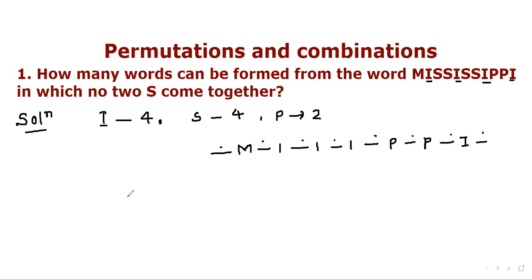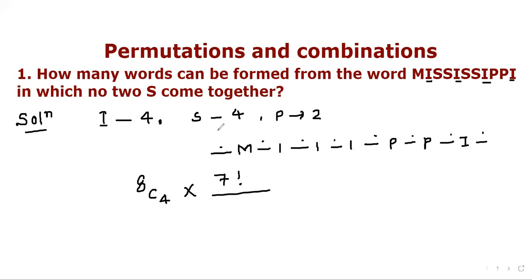And there are 4 S's. So these 4 S's can be arranged in 8C4 ways. 8 places are there and 4 S's are there. And now the remaining 7 letters can be arranged in factorial 7 ways.